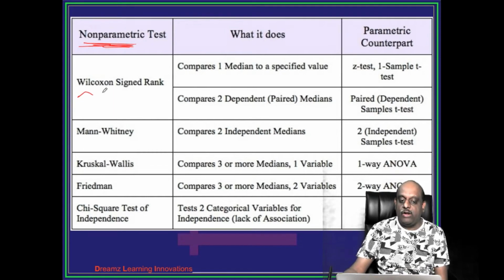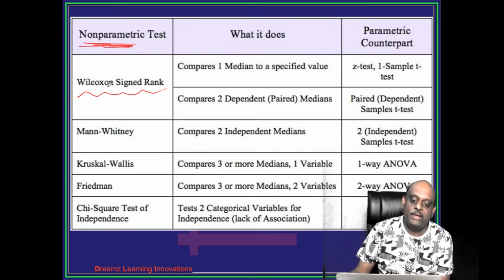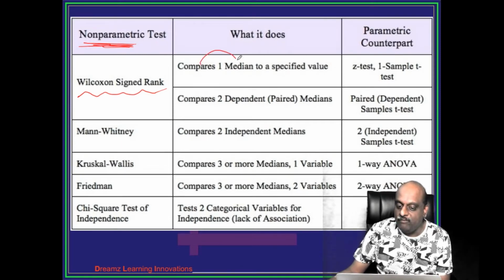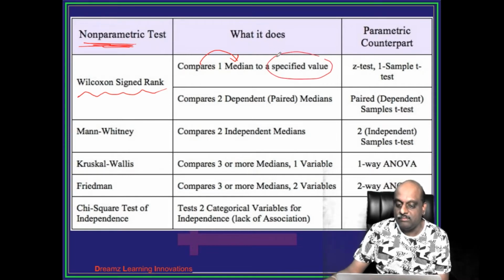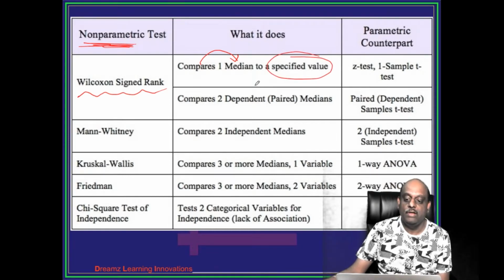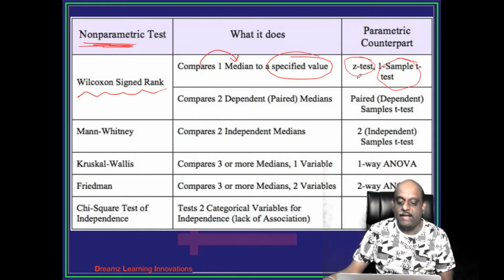Non-parametric test, Wilcoxon signed rank test. What is it doing? Comparing one median to a specified value. The counterpart of that is the Z test or one sample t-test.